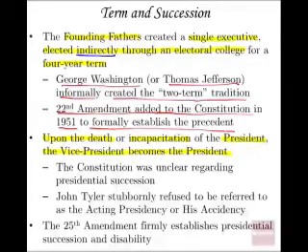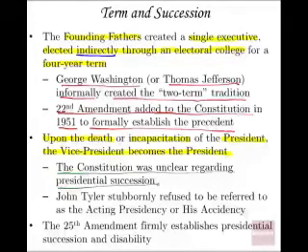Okay, the original Constitution was problematic because it was unclear regarding presidential succession. The first time this actually came into play was when William Henry Harrison, the 9th president of the United States, died of pneumonia because he gave this really long inaugural address. John Tyler was the vice president, so the question was, did he become president, or was he a temporary president?